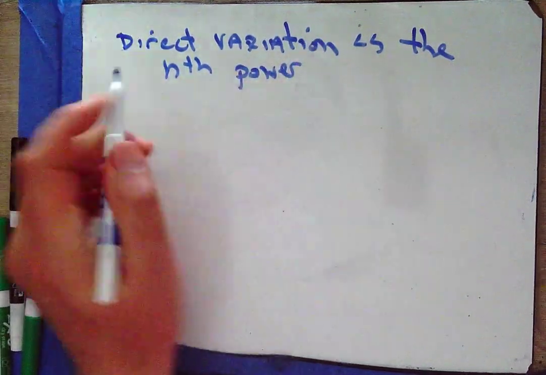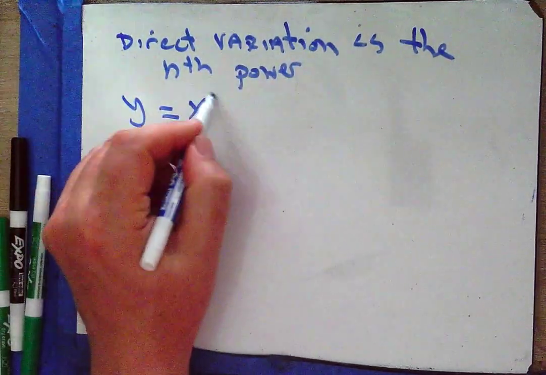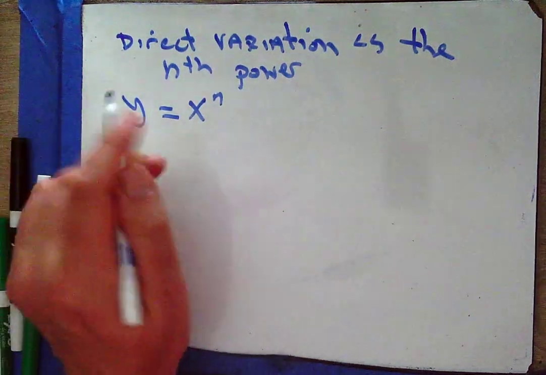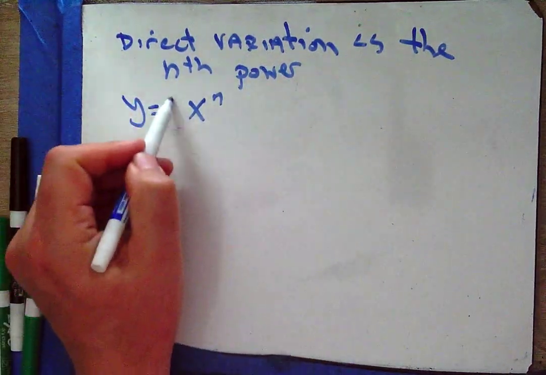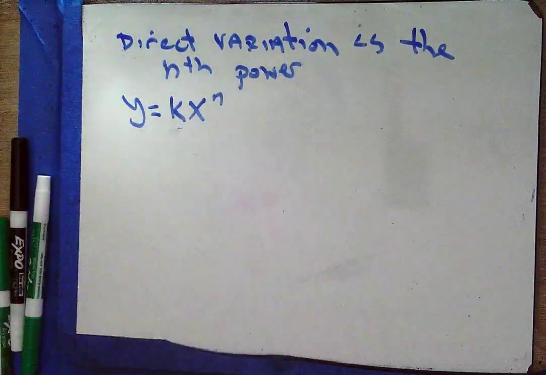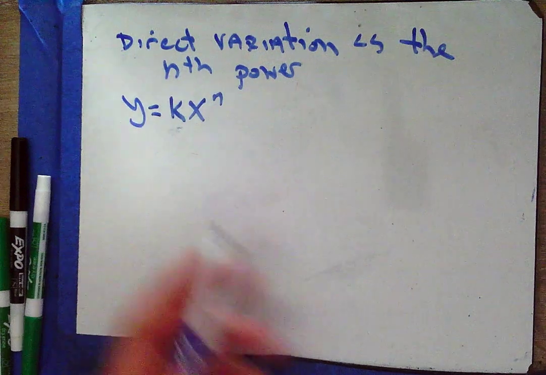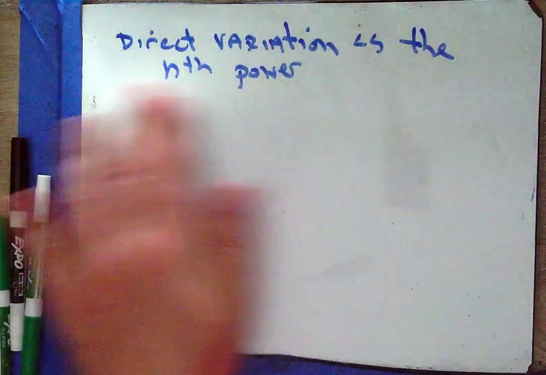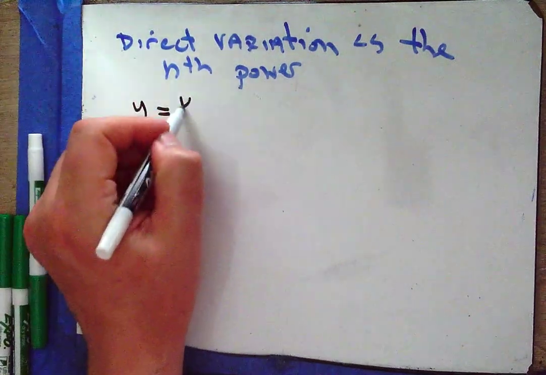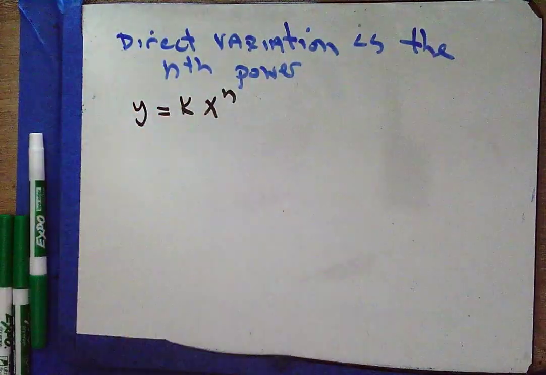Yeah, I feel you. Y equals x to the n is what we're talking about here. But remember, all of these variation models have a constant of variation. So here's ours. Okay. So this, in fact, I'm supposed to be writing. It's the problem when you color code things is you have to remember to keep switching colors. y equals k, x to the n.